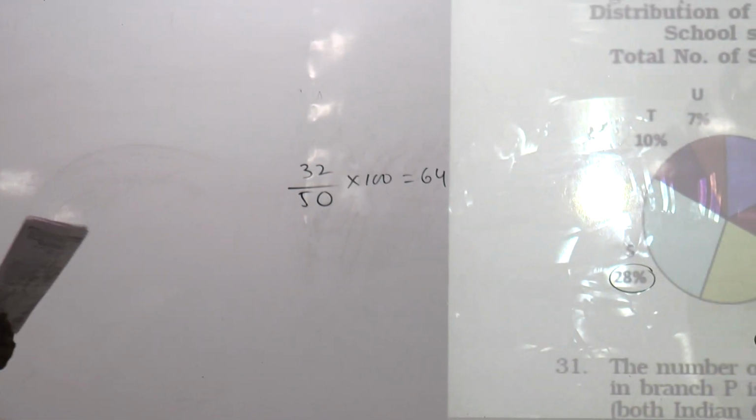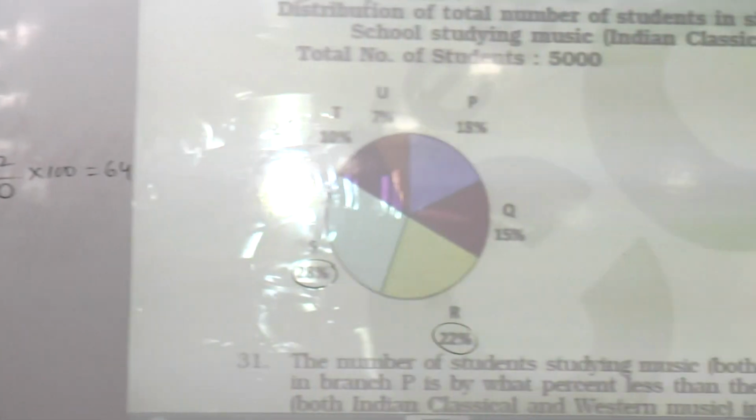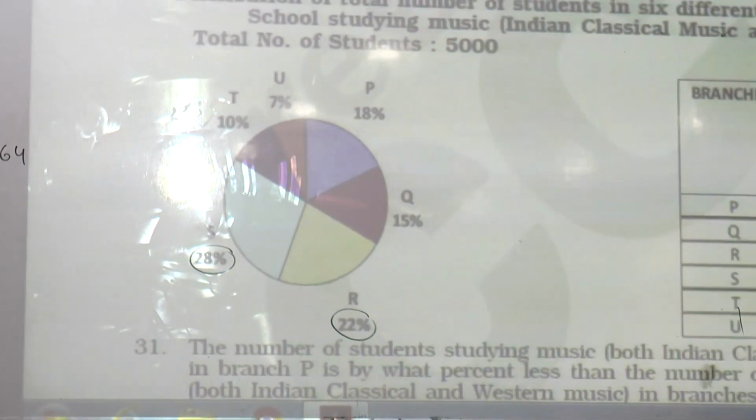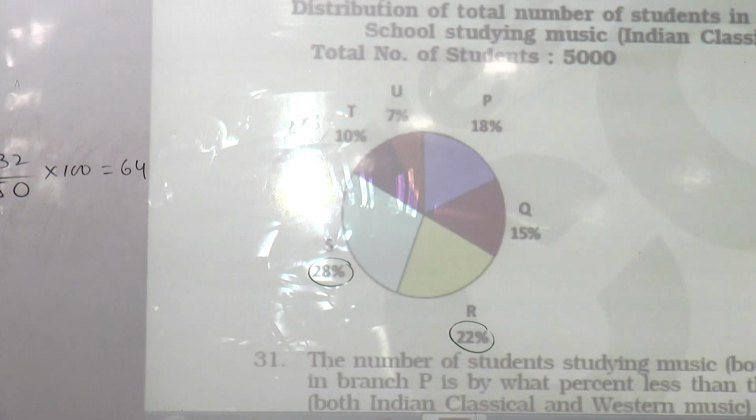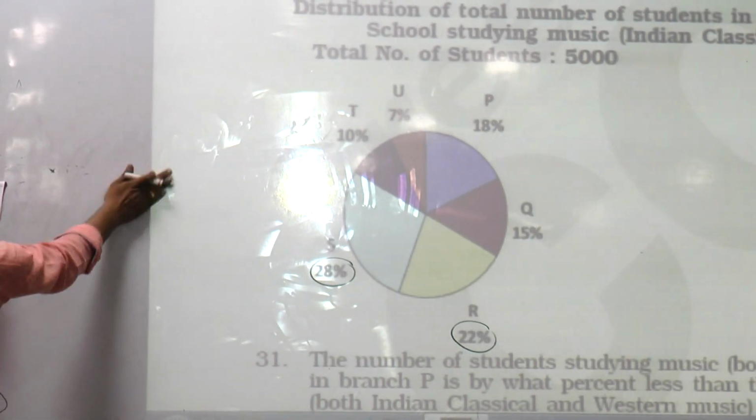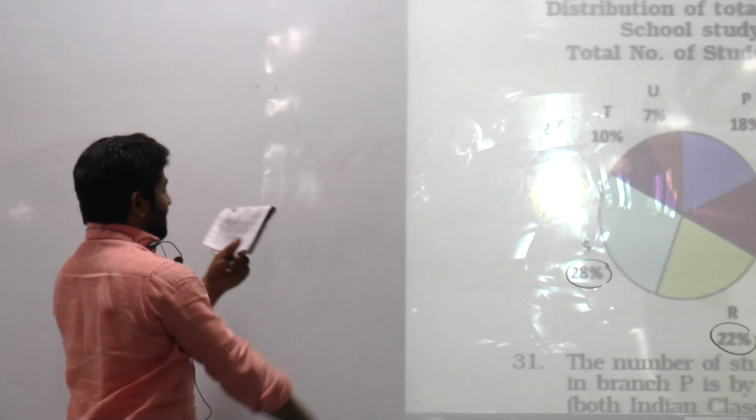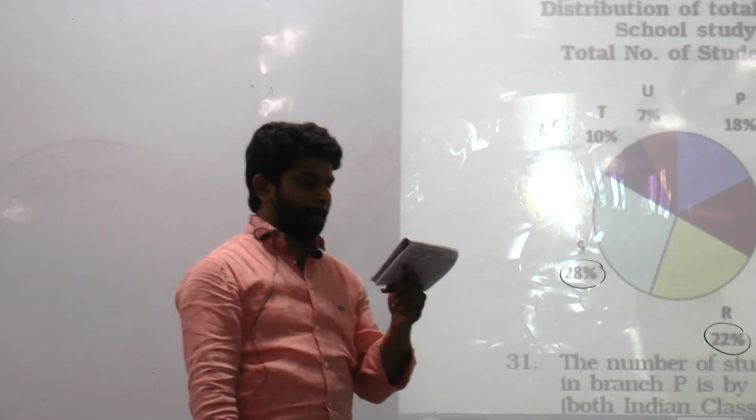Next, 32. 40% of the total students studying Indian classical music in branches P and U together are males. 40% of the students studying Western music in the same branches together are females.